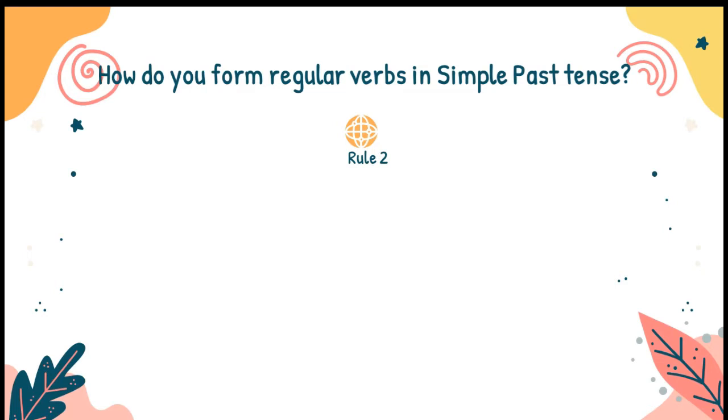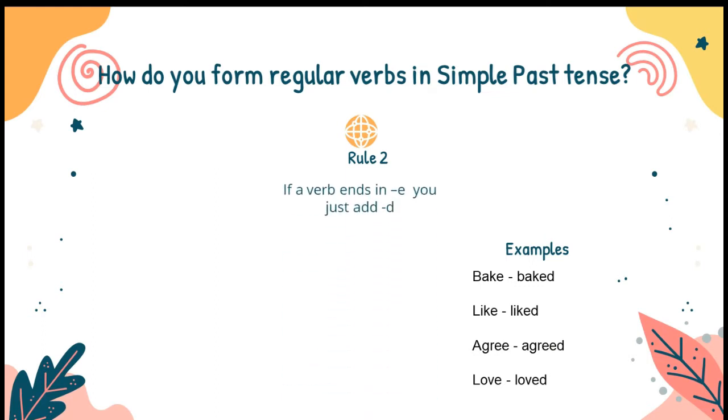Now, let's come to the rule number 2. Let's see the examples. Bake become baked, like become liked, agree become agreed, love become loved. So, what is the second rule? Yeah, good job.